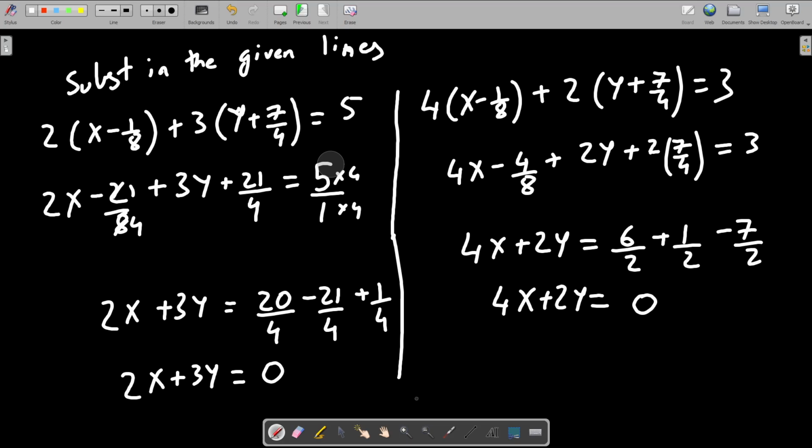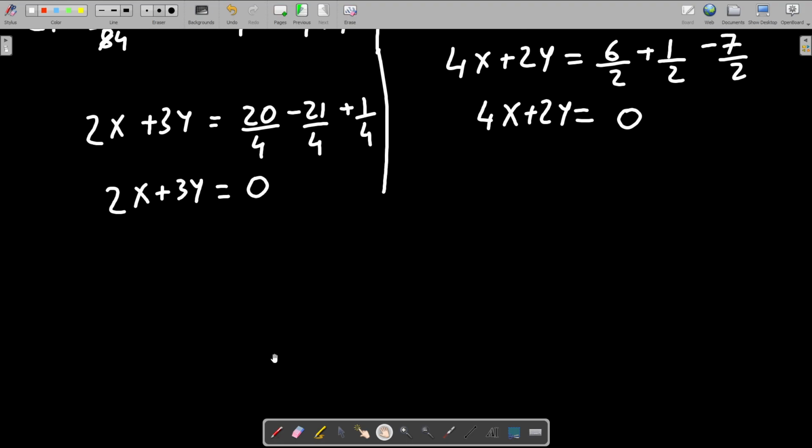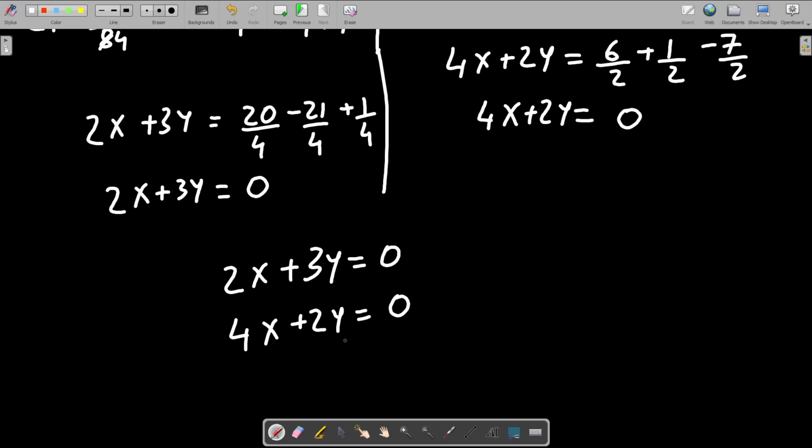So what are my new equations of lines? My new equations are 2X plus 3Y and 4X plus 2Y. So what can you say about these new equations which I've got?